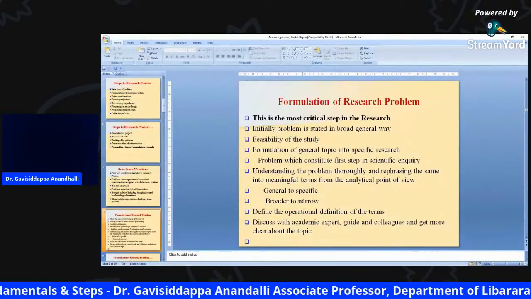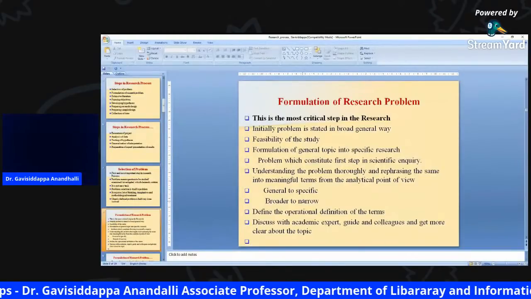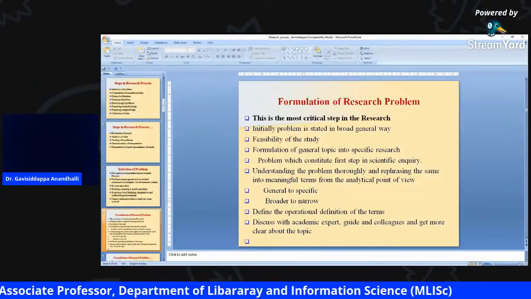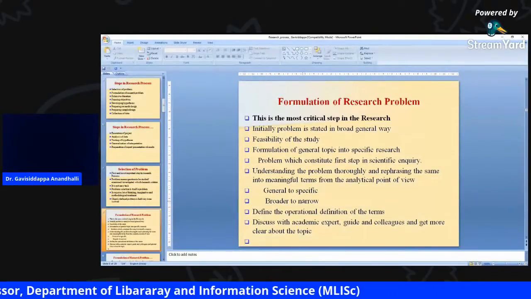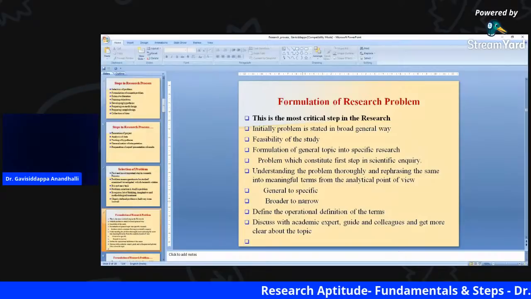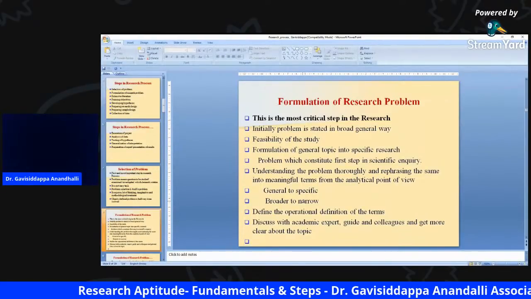So what do we have to do? If you take job satisfaction, for whom are you studying job satisfaction? You have to make the statement: job satisfaction among degree college faculty members or high school teachers. Then, in which geographical area are the respondents you are going to address?